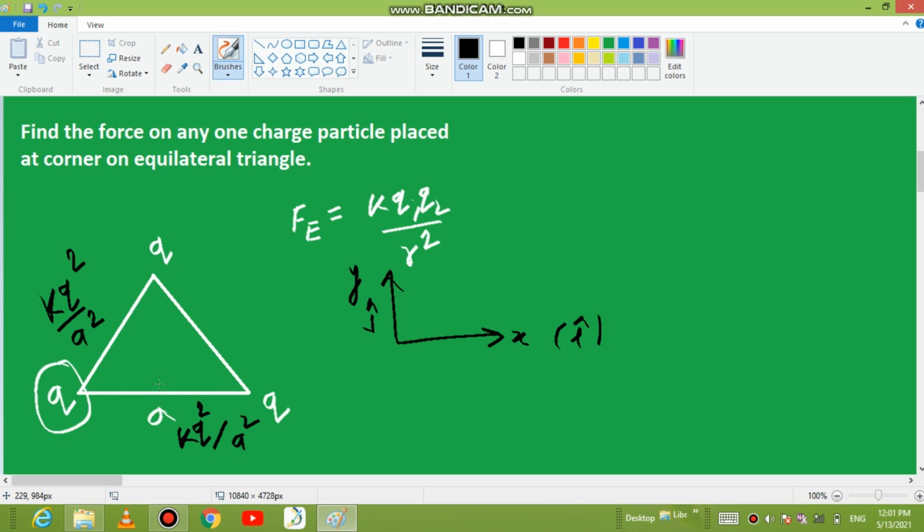So direction of force will be this, and direction of force between these 2 point charges is this. And we all know that the angle between sides of an equilateral triangle is 60 degree. So the direction of force between these 2 point charges is negative of i cap. So direction of this force is negative of i cap.